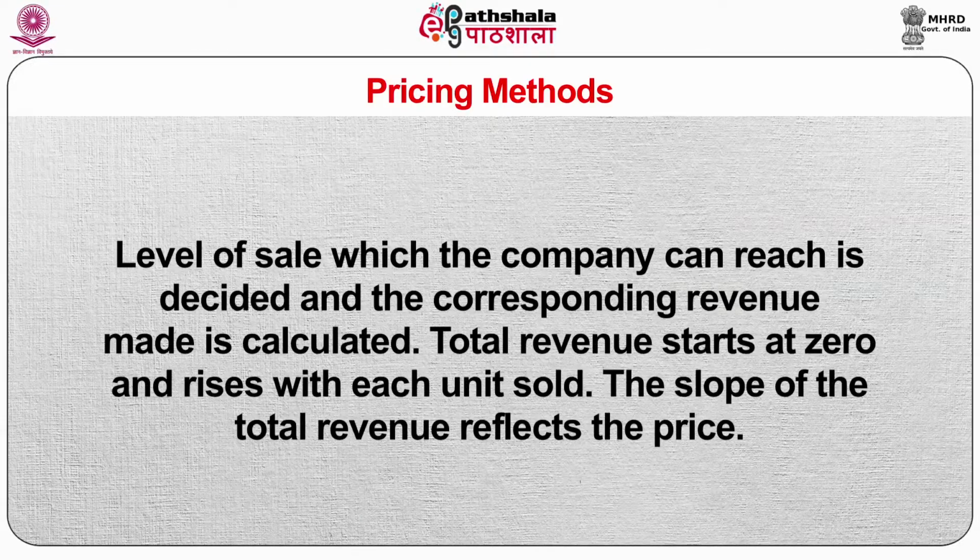The level of sale which the company can reach is decided and the corresponding revenue made is calculated. Total revenue starts at 0 and rises with each unit sold. The slope of total revenue reflects the price.